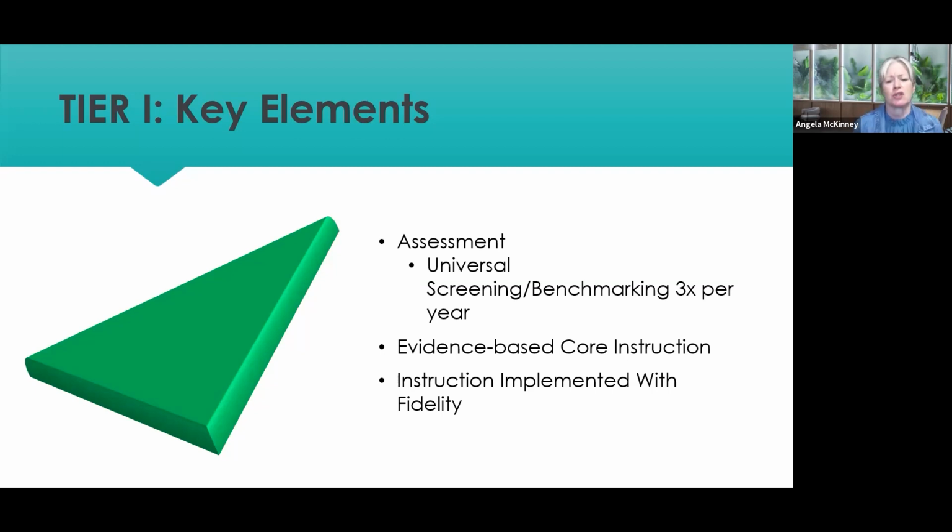We also have to make sure that we're always looking at the fidelity of the instruction and implementation that's happening. We can't say that something is not working if it's not really in place, or if it's not in place correctly or with the right dosage that we intended to.